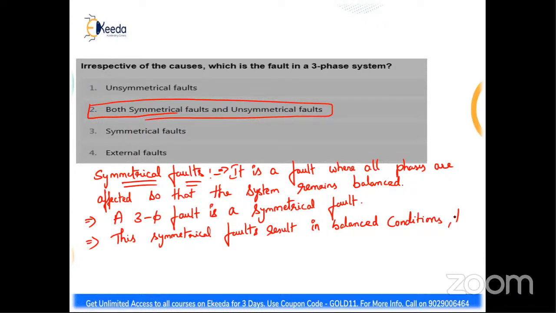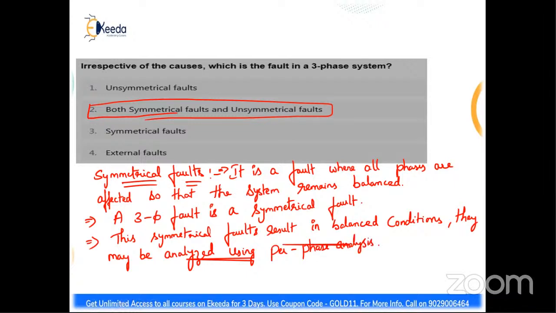Balanced conditions, so they may be analyzed using per phase analysis. So this is the symmetrical fault, right?